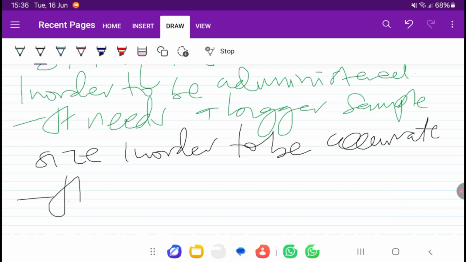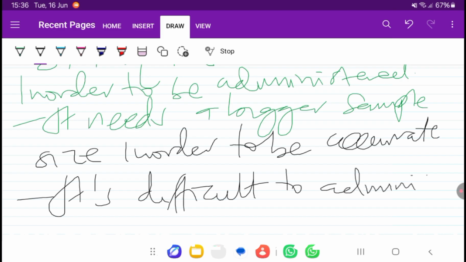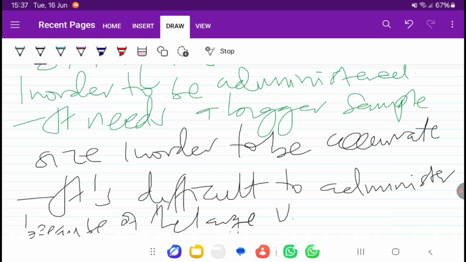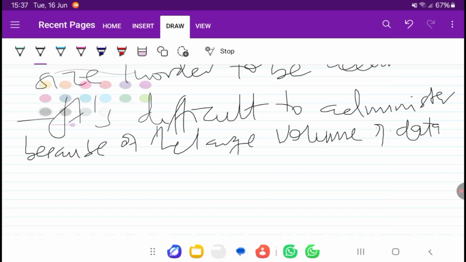It is difficult to administer because of the large volume of data that is unprocessed, or in raw form.